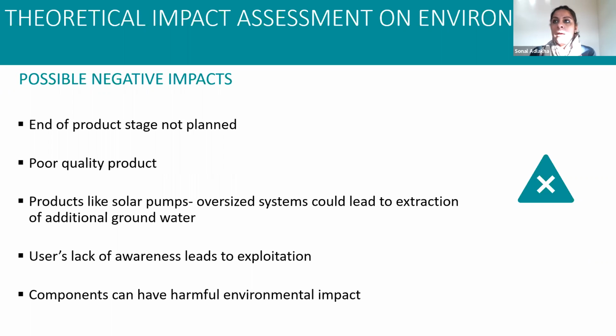For example, solar pumps have been in the industry for almost 20 years now. Most of them are going to come to an end, because panels have a lifespan of 25 years while a pump will have a lifespan of 10 years. So what is going to happen to these used products once they are taken out from the project site?